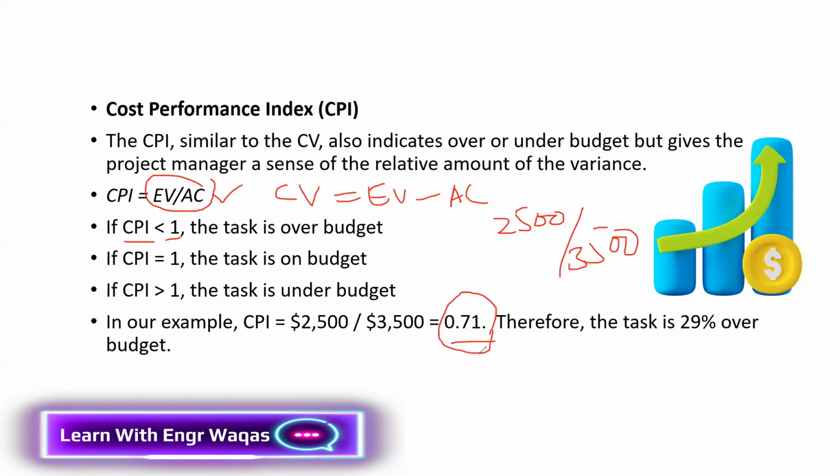So what does that mean? Again, here the trends matter. If values are lesser than 1, it's not good. If values are bigger than 1, it's a good thing. You are saving. But how to understand if your value is 0.7, if your value is 0.9? Just focus on this point. You assume that your project is going to be completed in 1 rupee or $1.